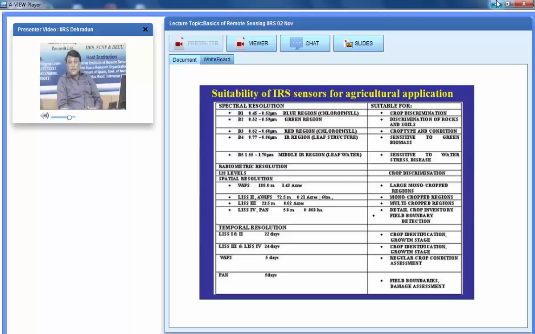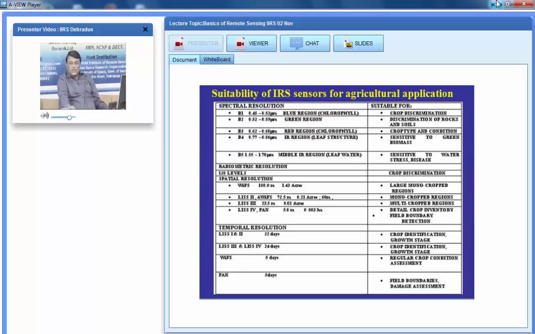Beyond that, then Resourcesat-1 and Resourcesat-2, which have LISS-4 with improved spatial and multispectral resolution, help now to cover many other crops. Earlier it was mainly mustard, wheat, some groundnut, some important crops that you discriminated and did acreage estimation for.